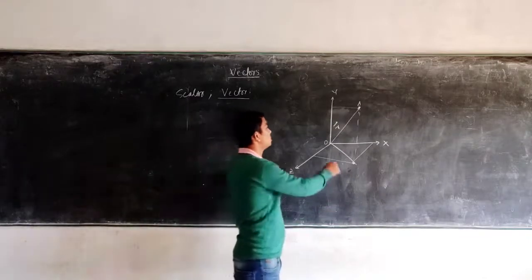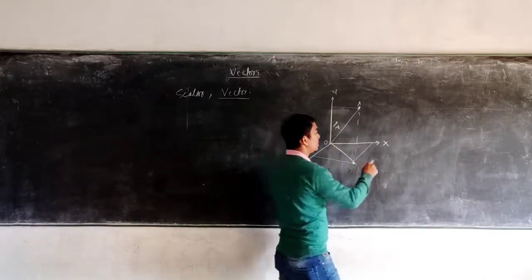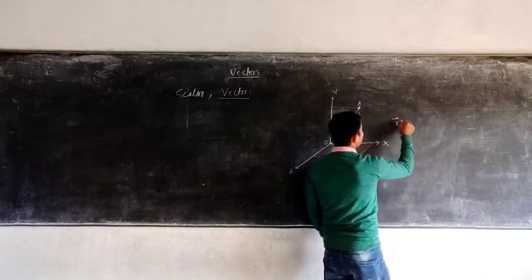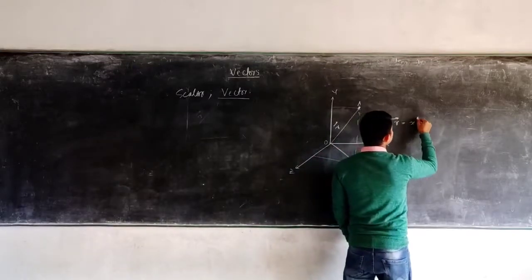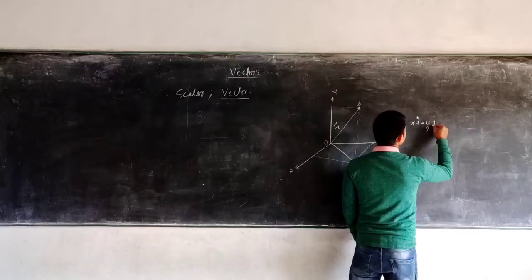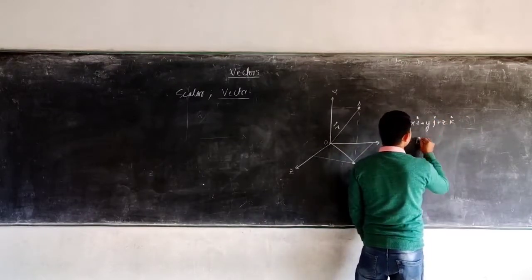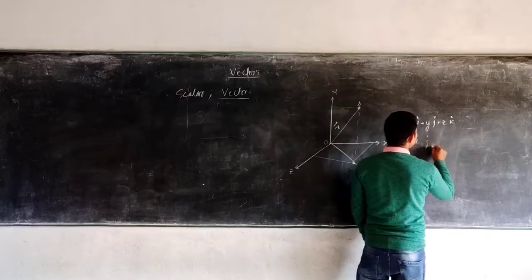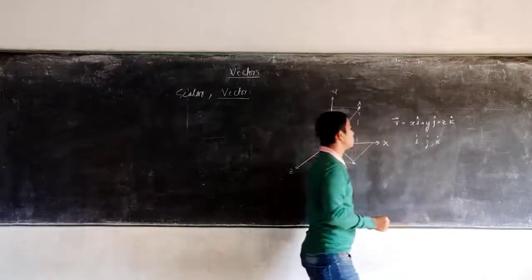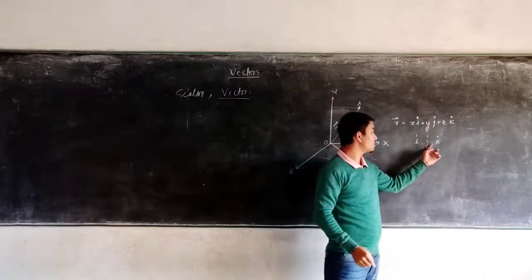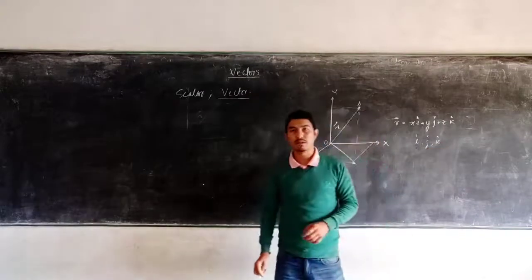So this vector in terms of x, y and z can be represented as r = x i cap + y j cap + z k cap. What are i cap, j cap and k cap? They are the unit vectors along the x-axis, y-axis and z-axis respectively.